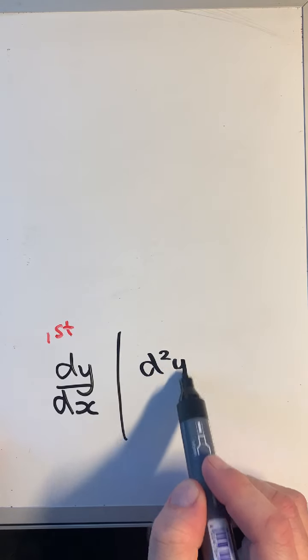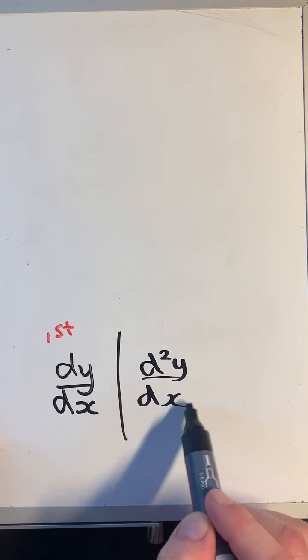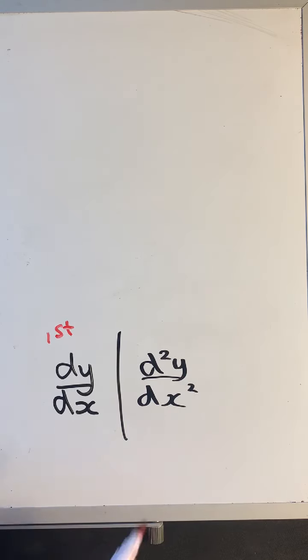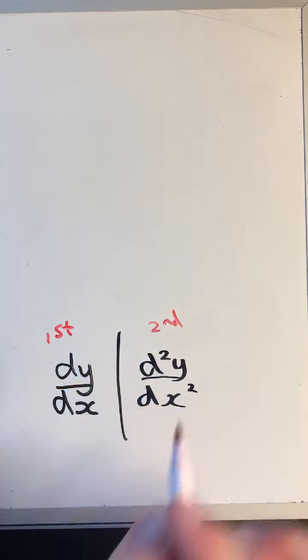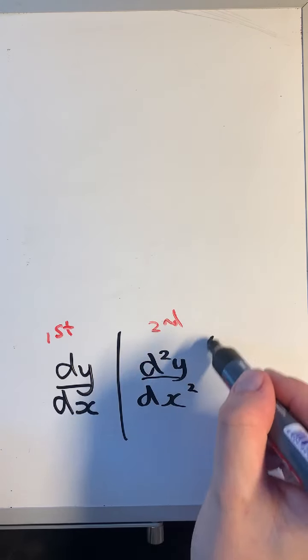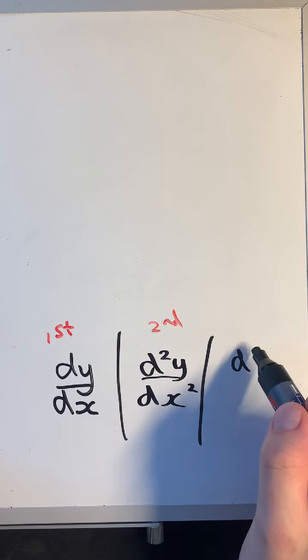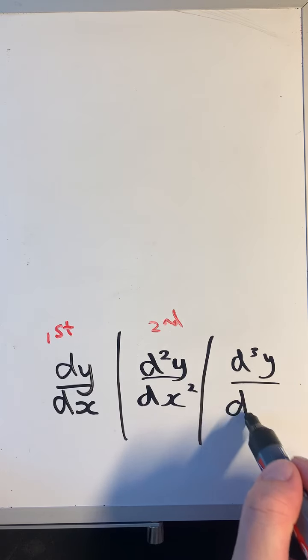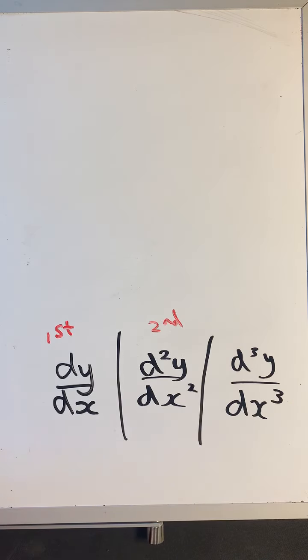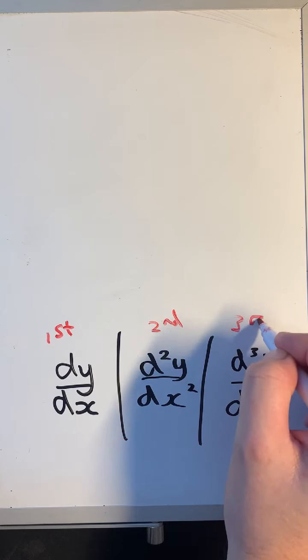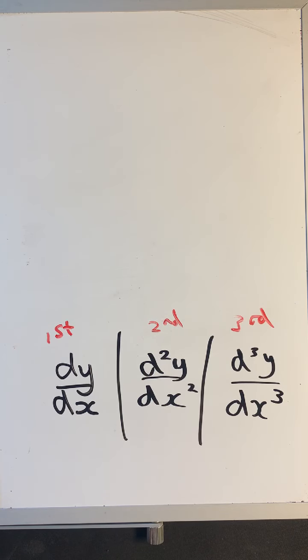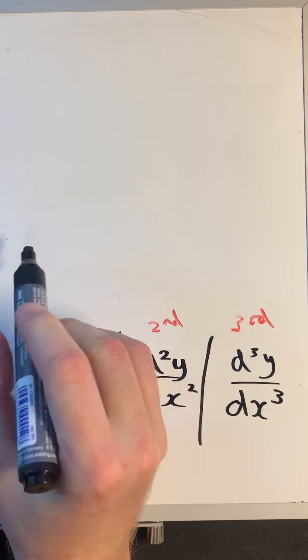The way we say this is d2y over dx squared. That's the second derivative, and it goes in that pattern. So we've got d3y over dx cubed. That's the third derivative, and so on. This is what we call Leibniz notation.